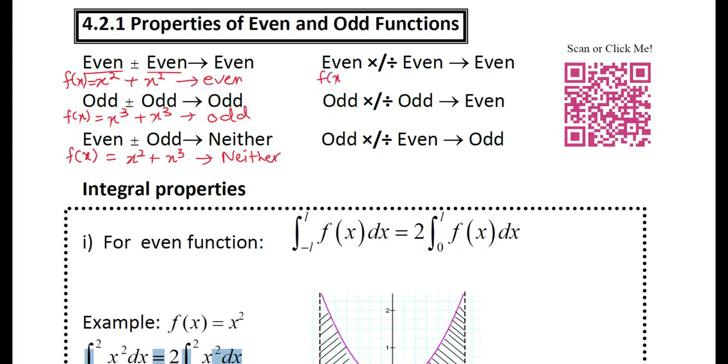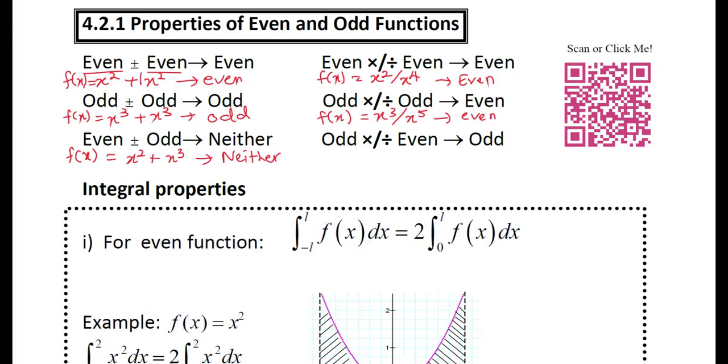For example, f(x) is equal to x squared divided by x to the power of 4. And then odd multiply or divide by odd, you will get even function. For example, x cubed divided by x to the power of 5.